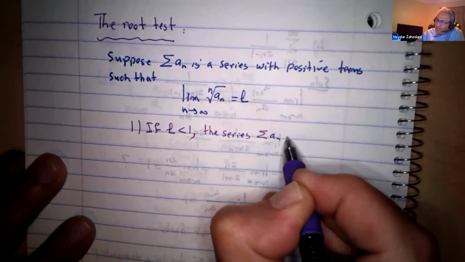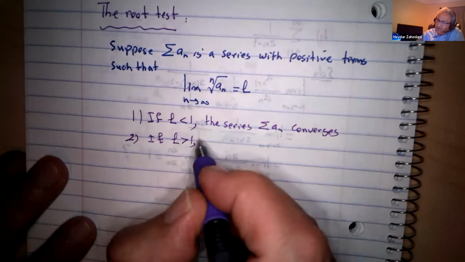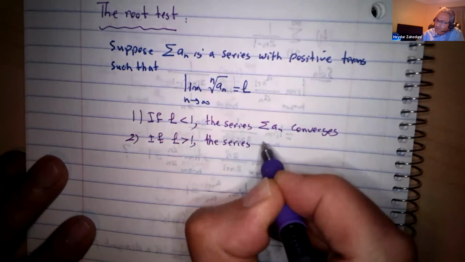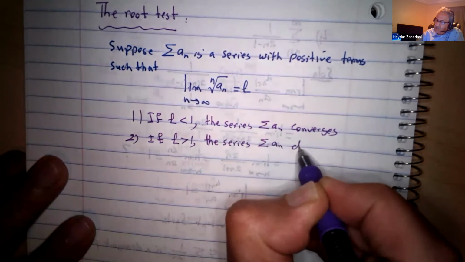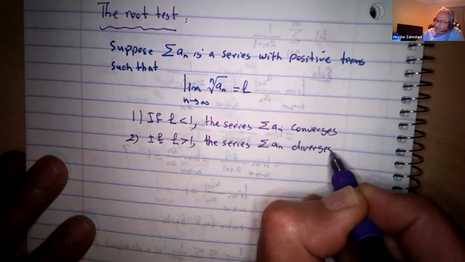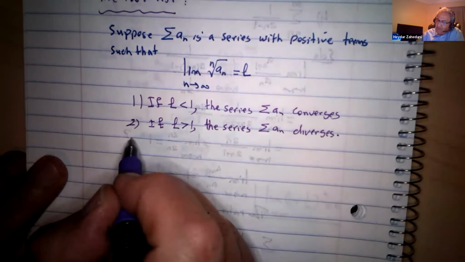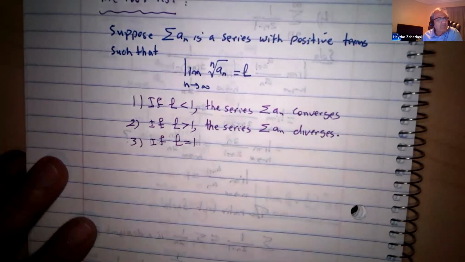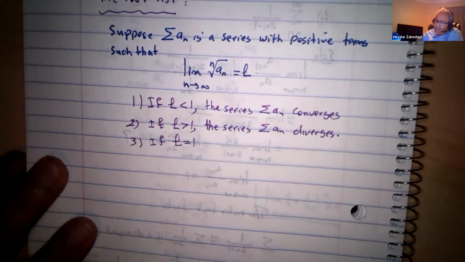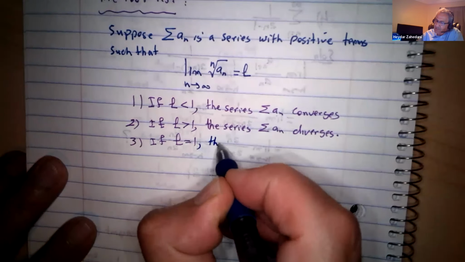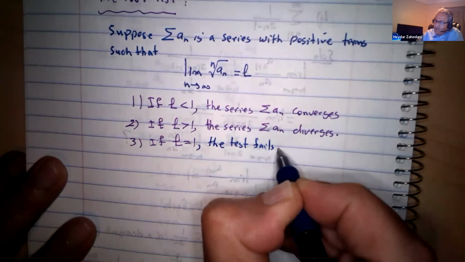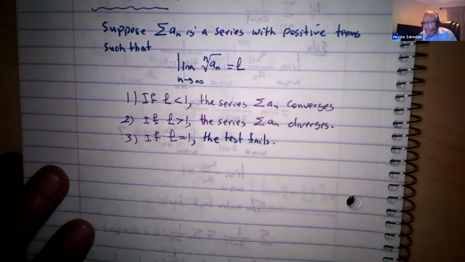And if L is greater than 1, again like geometric, the series sigma a_n diverges. And if it is equal to 1, you are unlucky. You cannot use this test. It's like the ratio test, the test fails.